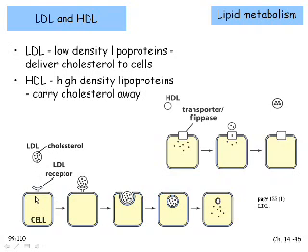There's a particular receptor on cells that can bind to the protein components of the LDL and then internalize it and release into the cytoplasm the cholesterol and the lipids that were in that LDL. To go in the other direction, a separate set of machinery is used.